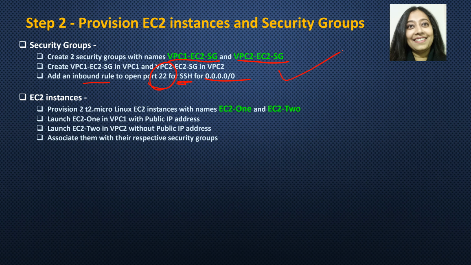The next thing that we are going to do is provision our EC2 instances. We are going to provision 2 T2 Micro Linux EC2 instances with names EC2-1 and EC2-2. EC2-1 is going to be launched in VPC1 with a public IP address.